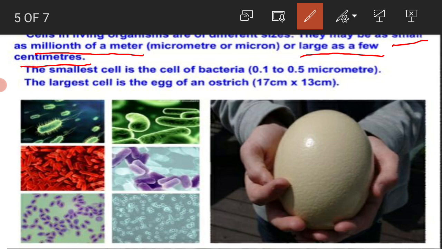It is the bacteria, whose size ranges from 0.1 to 0.5 micrometers, and the largest cell is the egg of an ostrich, whose size is 17 centimeters by 13 centimeters. So you must remember the smallest cell and the largest cell. Thank you.